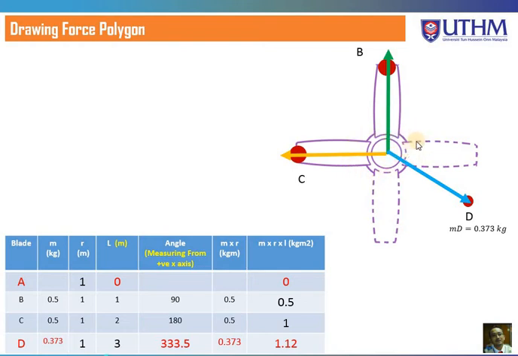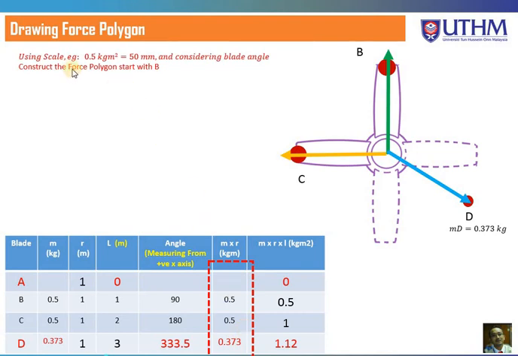Okay, the next one is you need to do the force polygon. With these variables, you need to construct the force polygon using a scale of 0.5 kgm squared equal to 50 meter, and considering the blade angle, construct the force polygon starting from P. This is the value that you want to look for, the value of A. Start with B, 0.5.